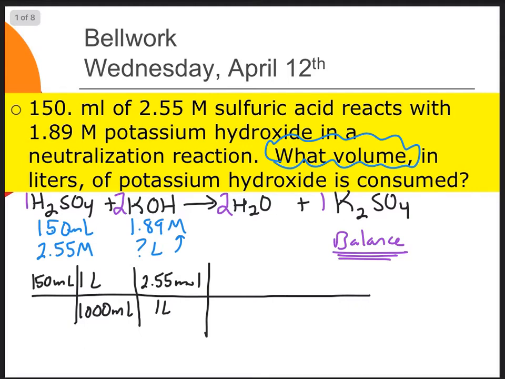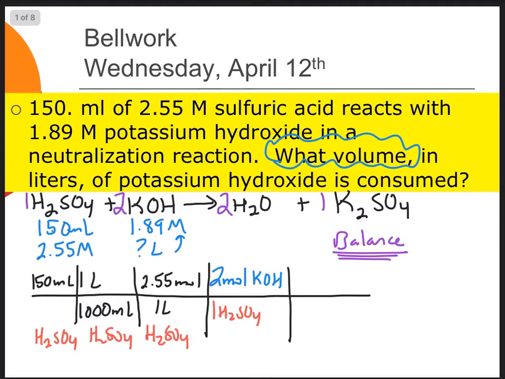So everything up to this point has been H2SO4. Now what's going to happen is I'm going to use my 1 mole of H2SO4 to 2 moles of KOH to go from one to the other.